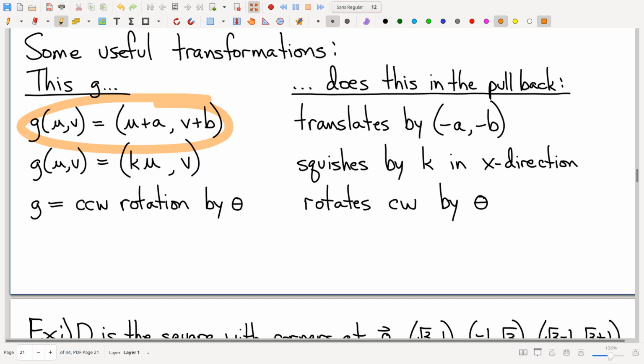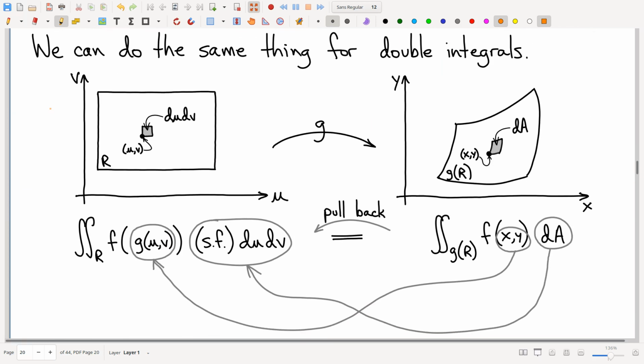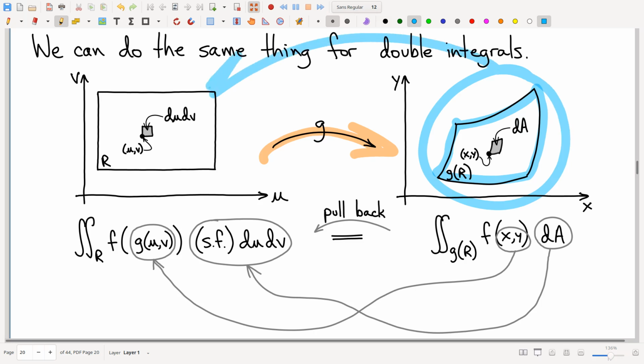Just be aware that what your change of variables function does to points and what it does to domains is, again, kind of backwards. So if you look back up here, if our function goes that way, then the domain that I am sort of starting with is going to turn into the domain that is over here on the left.